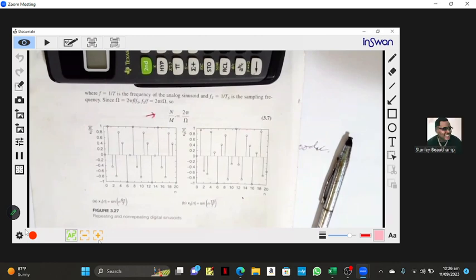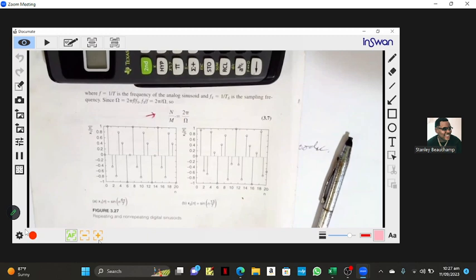It does look periodic. After how many samples does it repeat itself? Please count.